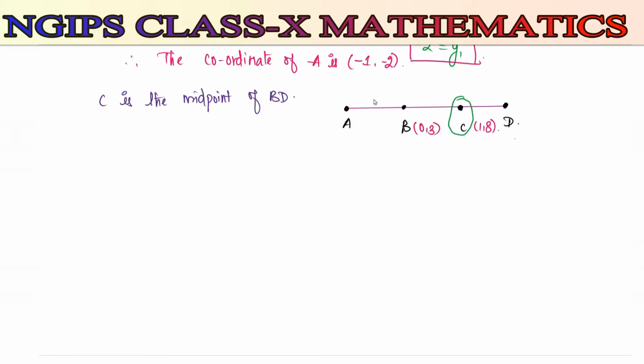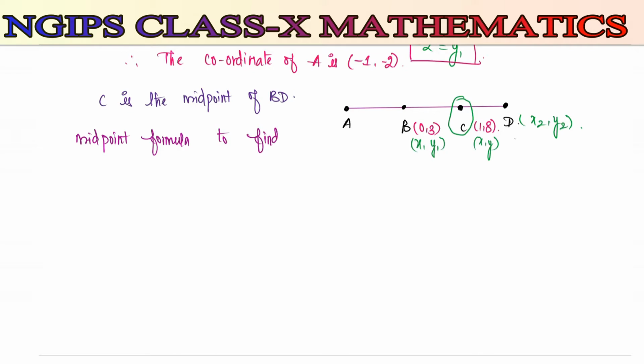Always take the midpoint as x comma y, B as x1, y1, and D as x2, y2. Just I am going to apply the midpoint formula to find D.